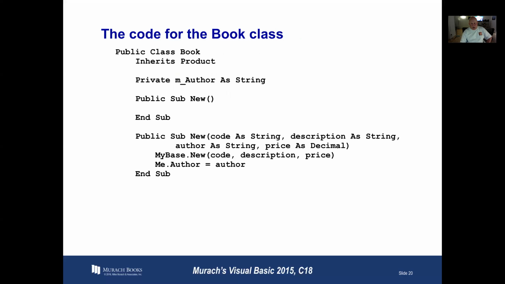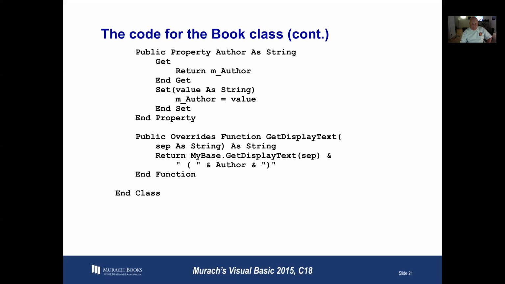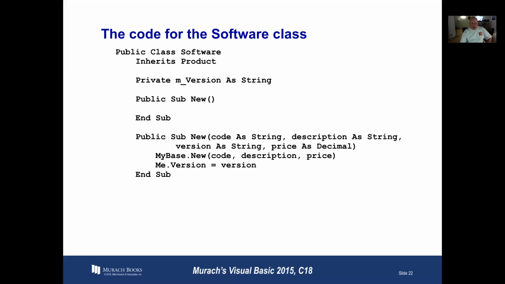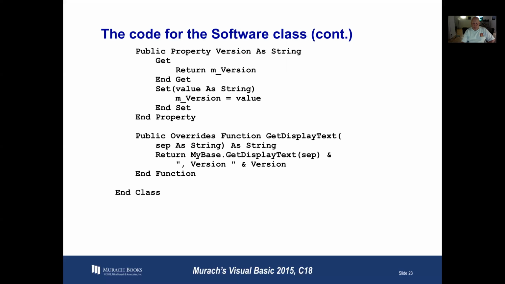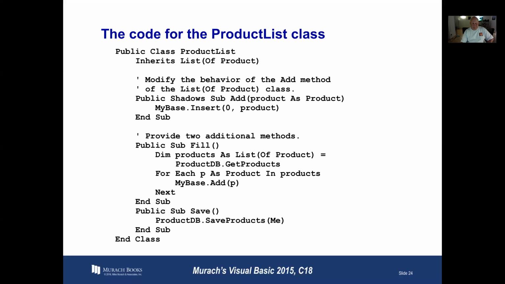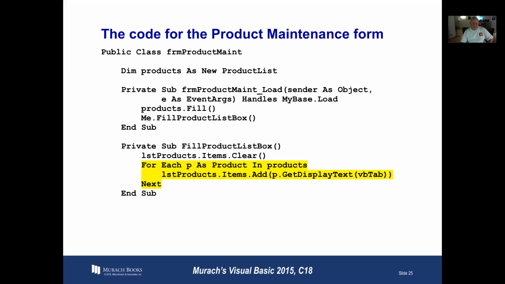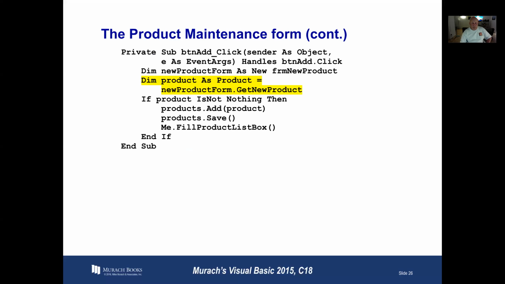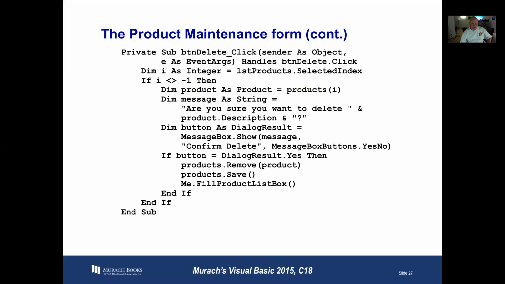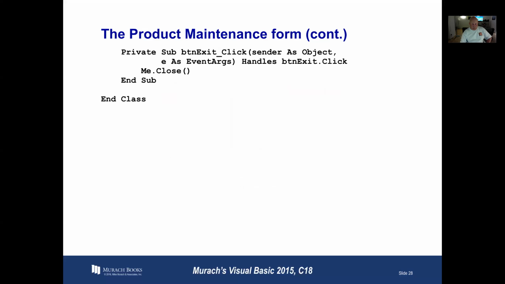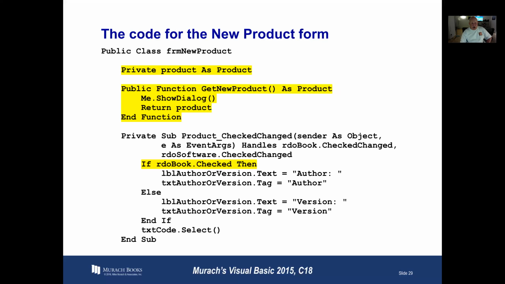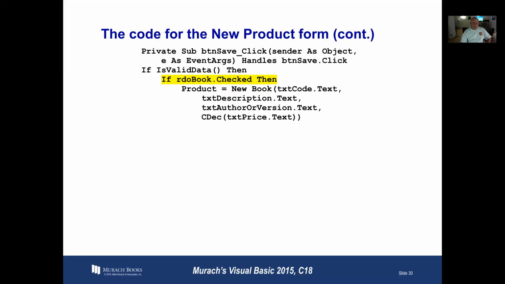This is the code for the book class. This is the code for the software class. This is the code for the product maintenance form. This is the code for the new product form.